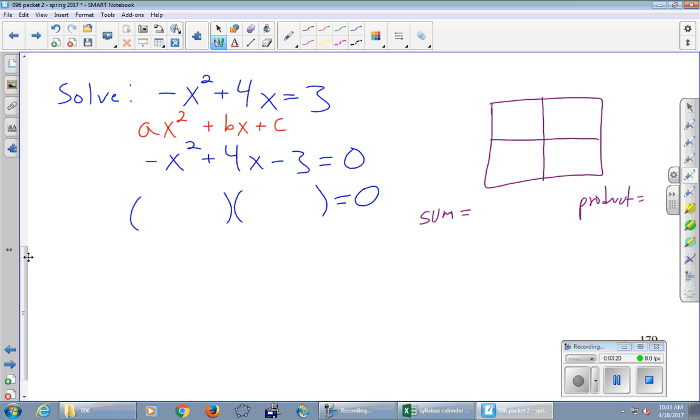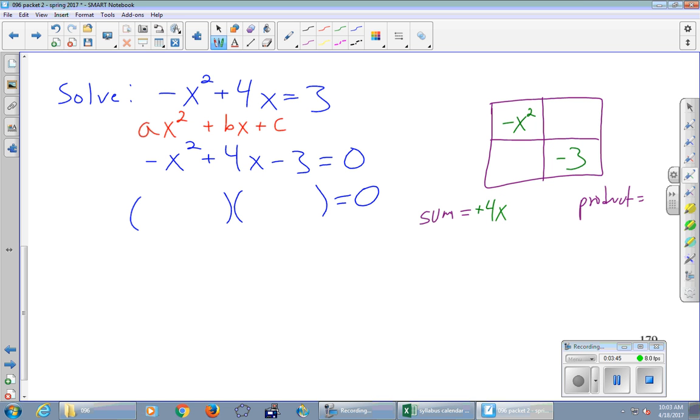Where does that negative x squared go? Top left, negative x squared right up there. Where does the plus 4x go? That's the sum. It is always the sum. I'm going to put a plus sign in there to remind myself it's positive what we're looking for. Where does the -3 go? Bottom right, right there.